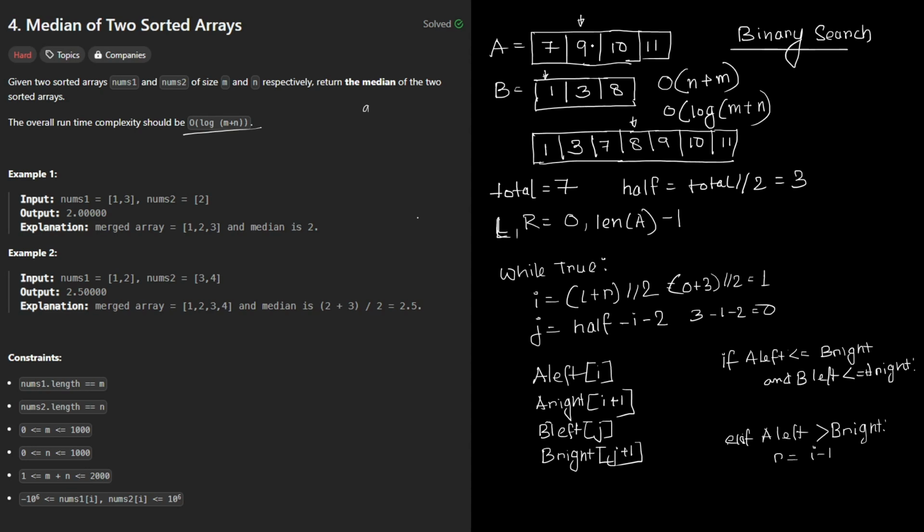So if it's not smaller, then I can increase the right value, to be increasing. So what I can say is that I am increasing the j pointer value to be a little bit higher. So let's say if I increase it, now i minus 1.